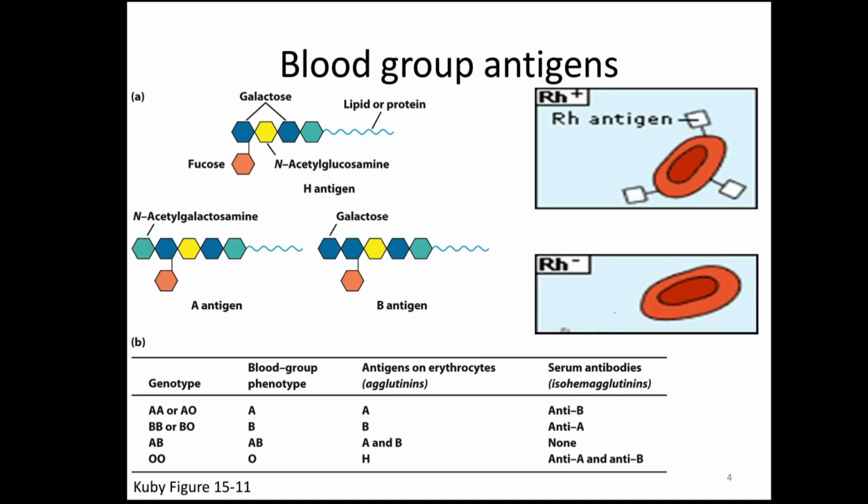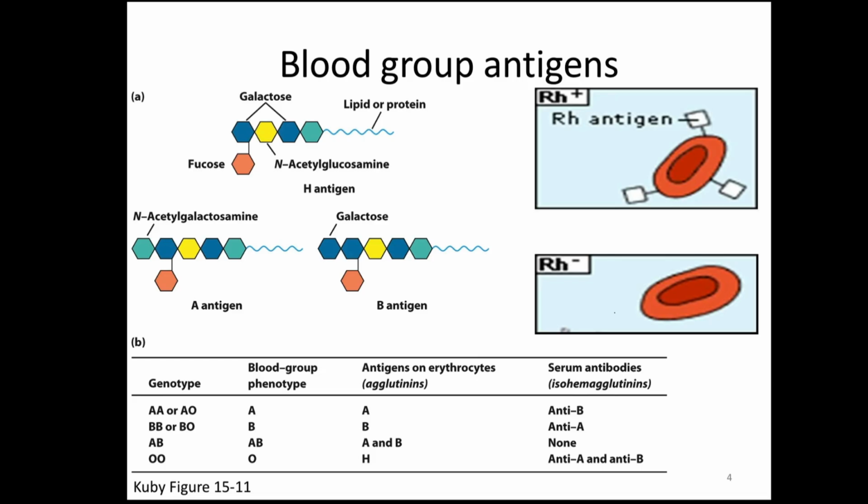And as we will think more about when we think about transplantation, individuals who have blood type A, in them, the A antigen is a self antigen. And so they don't have antibodies against A. So they have the A antigen on their blood cells.